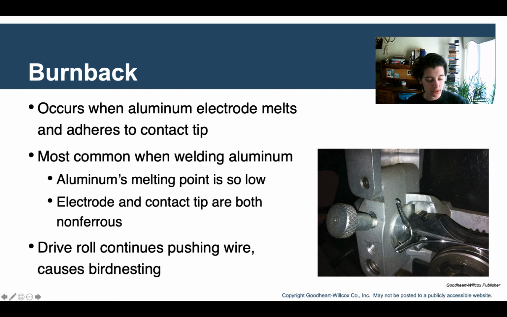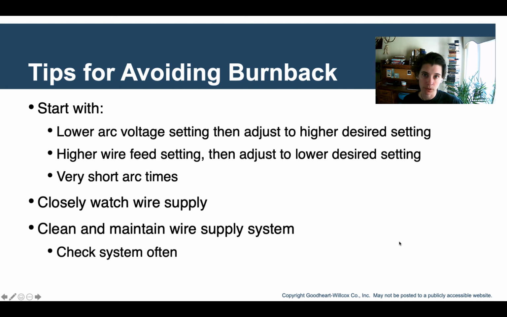And you have the bird nesting, which you've probably all encountered in carbon steel too, but it just happens a lot more often in aluminum. So to avoid it, you want to start with a lower voltage setting, and then adjust a little bit higher as your metal heats up and as you're welding. Then have a higher wire feed setting, so that wire is pushed out of the contact tip faster, with a little less chance of adhering to the contact tip.